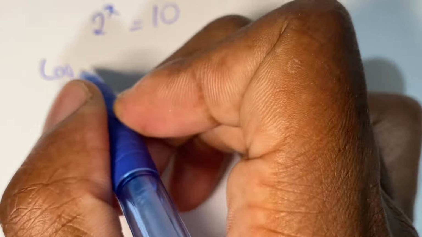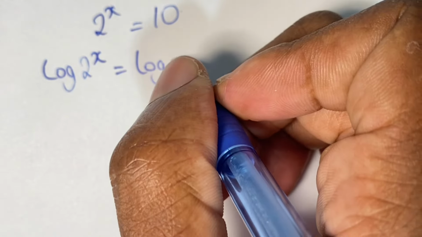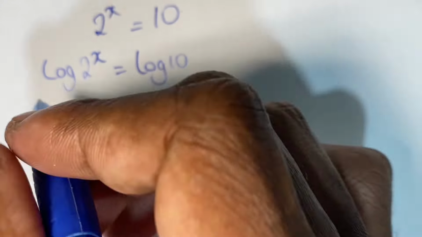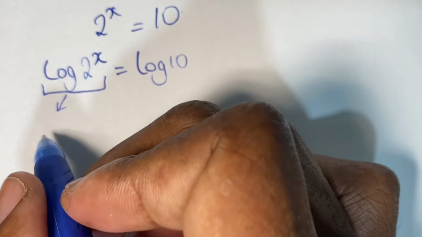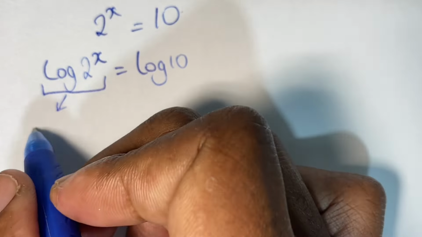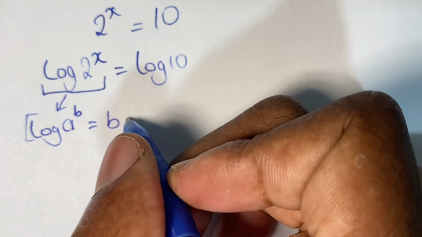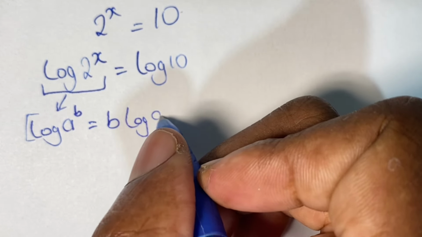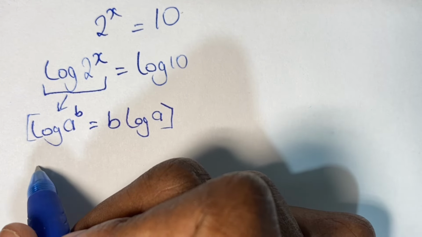Now from here on out, we'll be using our logarithm rule to find the value of x. So we start by taking the log of 2 to the power of x equals the log of 10. Now log 2 to the power of x can be rewritten using our logarithm rule, where we would have log a to the power of b is equal to b log a. So we're going to be using this logarithm rule to simplify our equation and hence solve for x.